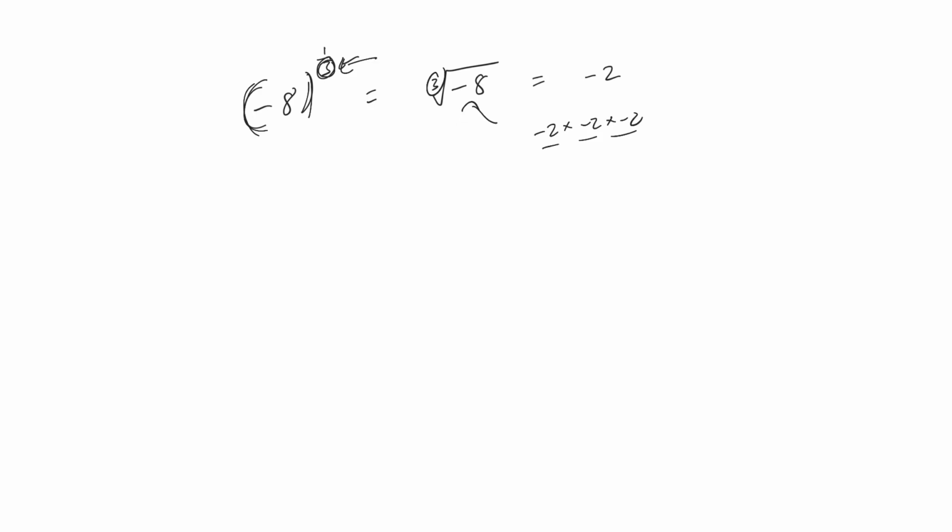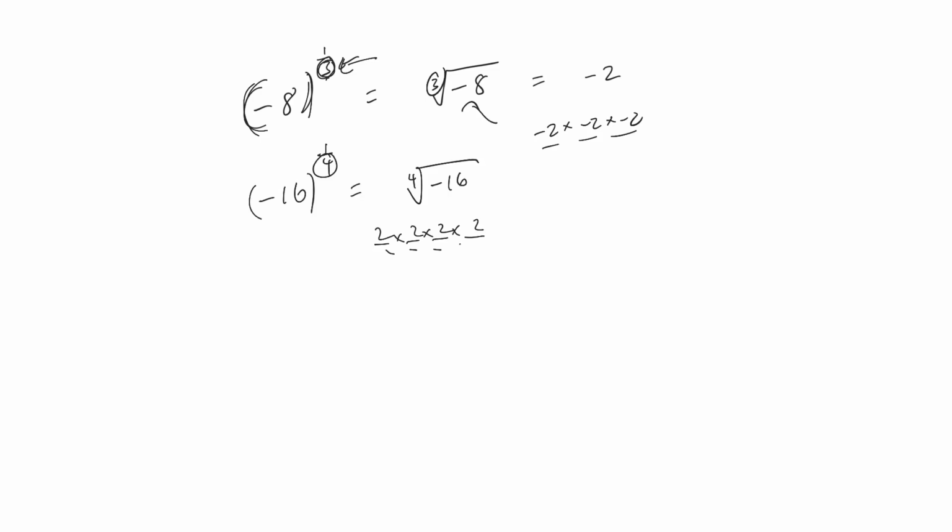Let's do another one. Let's do negative 16, and instead of having a 3, let's increase it to 4. This is the same thing as the radical with negative 16 inside, and this 4 tells you the type of root, the fourth root. This is asking you, find me 4 numbers that are the same that will give you negative 16. Well, you only have 2 choices.